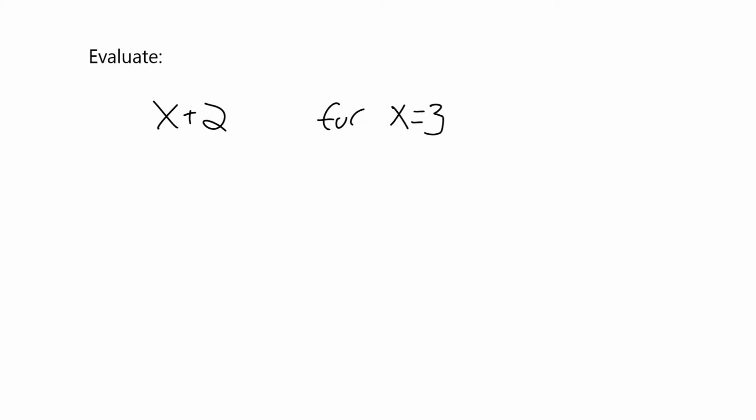If x is equal to 3, we can rewrite the original expression, changing the x into literally a 3. After we have substituted, we can use order of operations to determine what the value of the expression was.